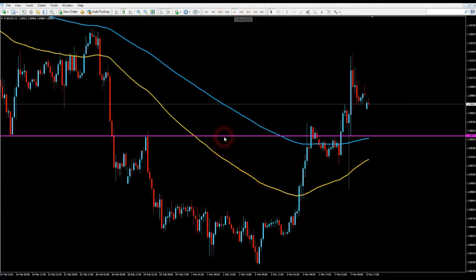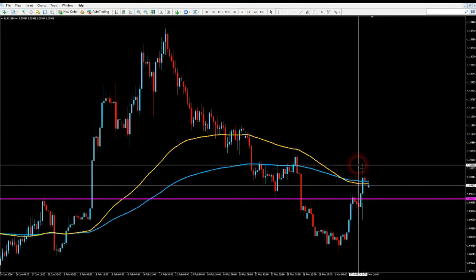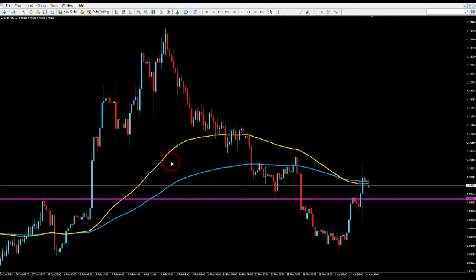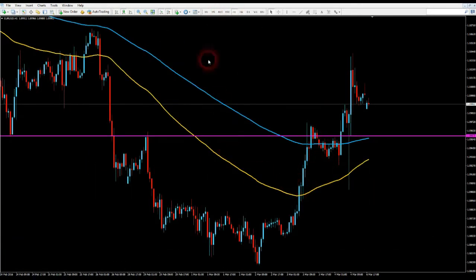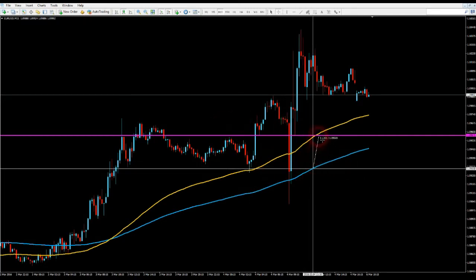You can see how price acts as resistance, or for example here it's acted as resistance, or how it acts also as support. For example, if you go to a lower time frame, you will see how it acts as support. And also another thing is the distance between the moving averages.